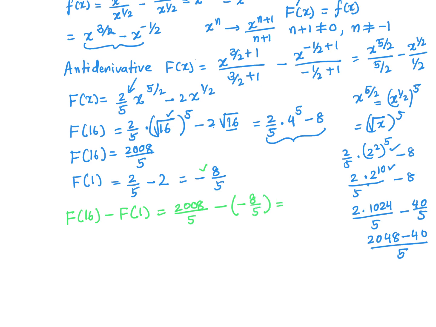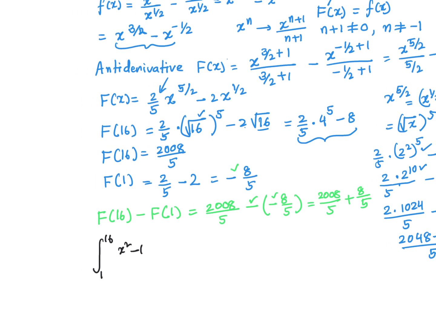The negative and negative make it positive 8 over 5. So finally, my integral from 1 to 16 of (x² − 1)/√x dx is nothing but the sum of these two, which is 2016 over 5.